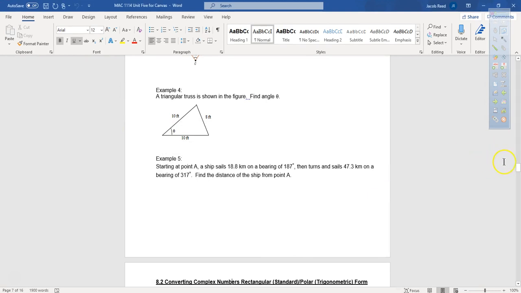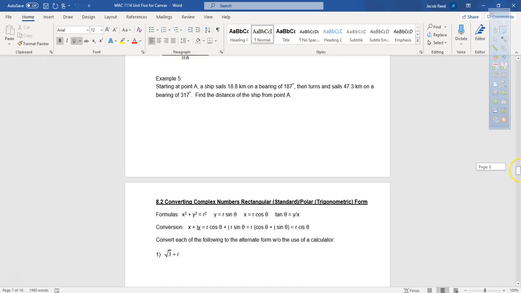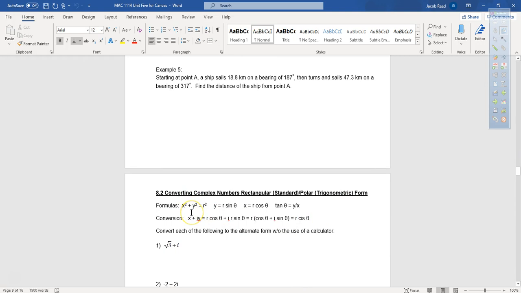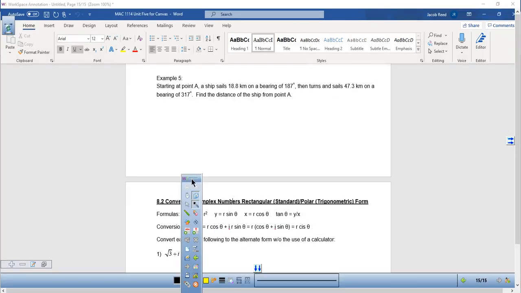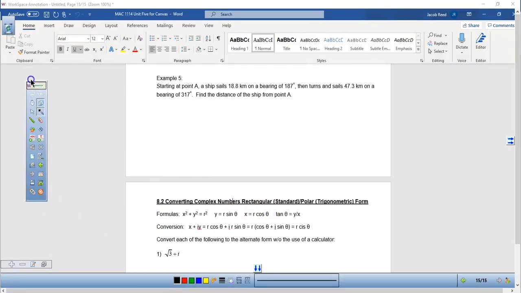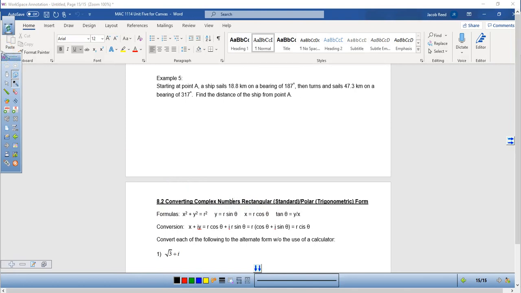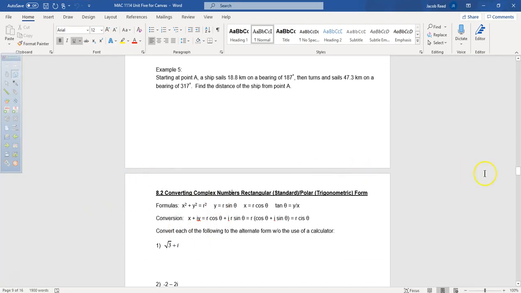All right, and the last problem for today, example 5. This one is a fun one, at least I think so anyway. Let me do this a little differently.